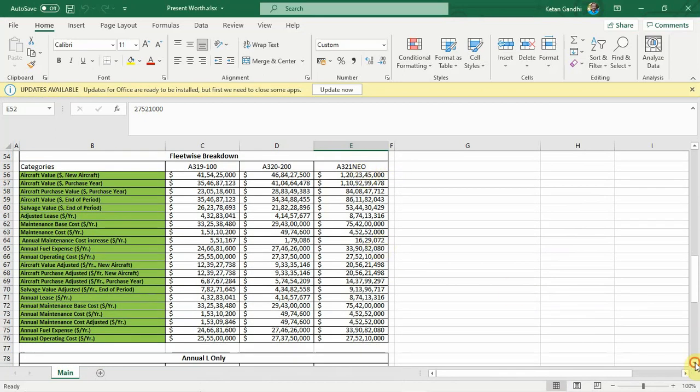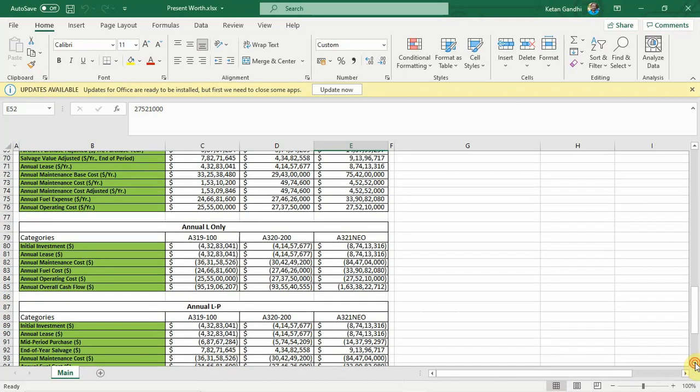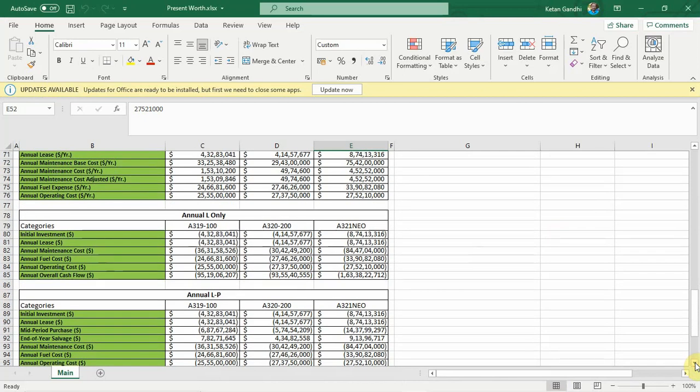Now we move down to annual lease only. This is basically a fixed term where the aircraft is leased from the lessor, and there are different parameters for this. This is the initial amount, which is actually from the annual lease.